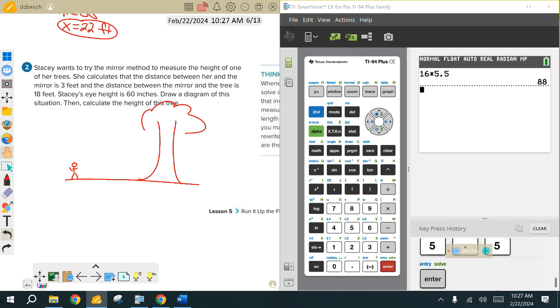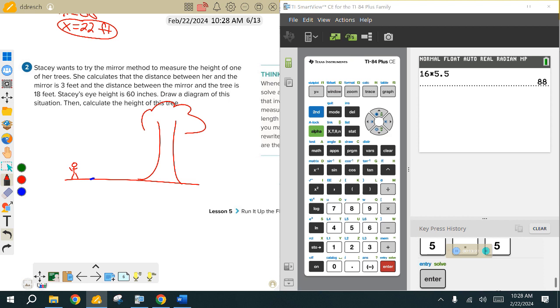And here's my mirror. I place my mirror right there. So Stacy's doing that same experiment here to try to figure out the height of this tree, maybe in her yard.